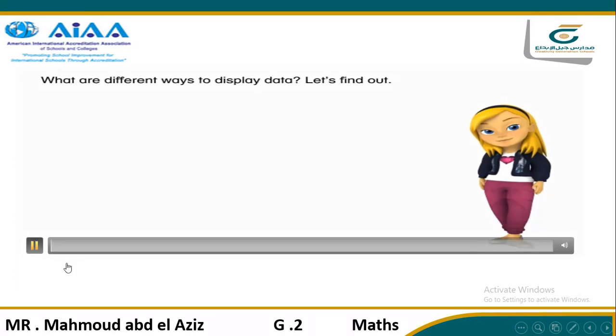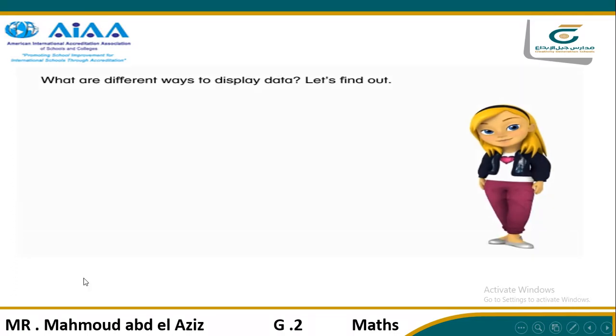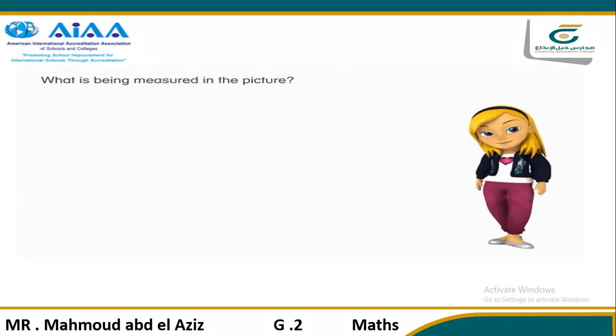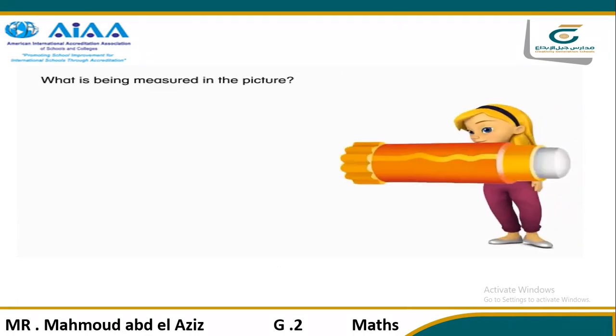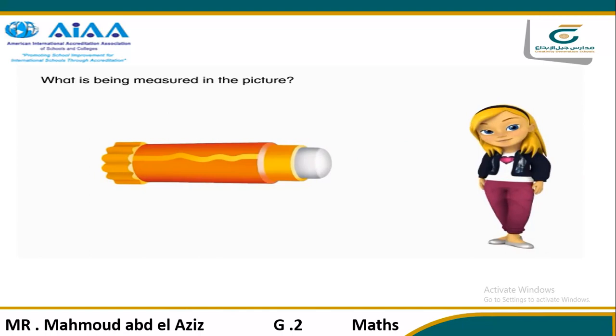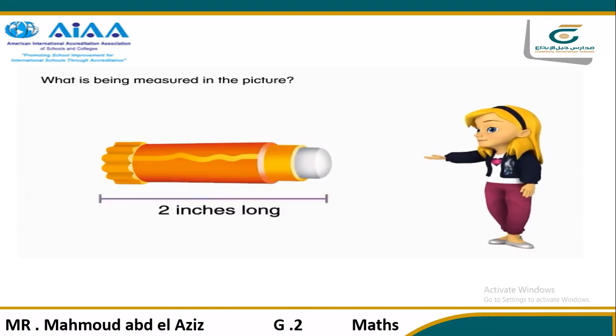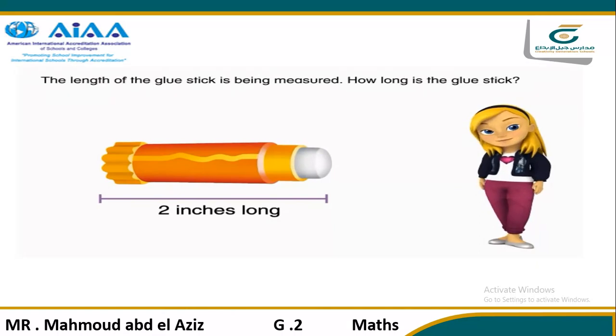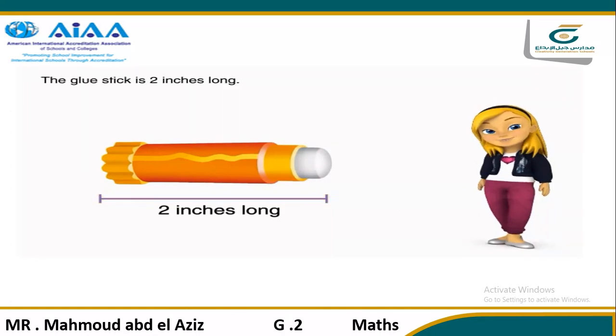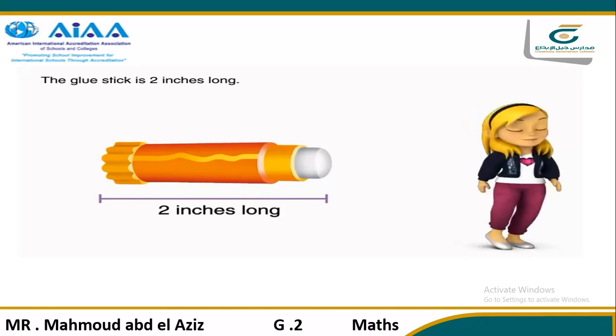Listen. Display data. Let's find out. What is being measured in the picture? The length of the glue stick is being measured. How long is the glue stick? The glue stick is 2 inches long.